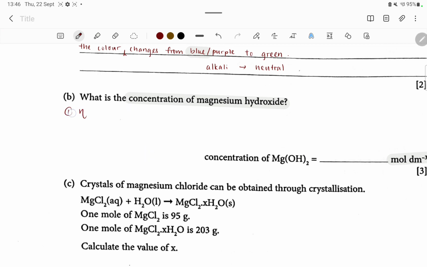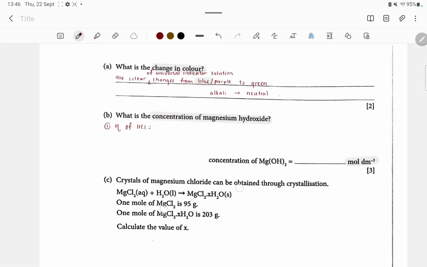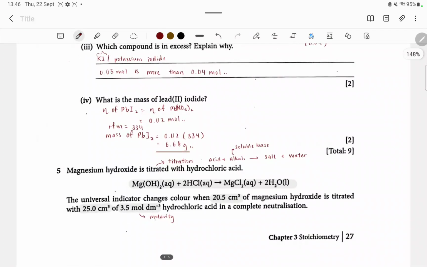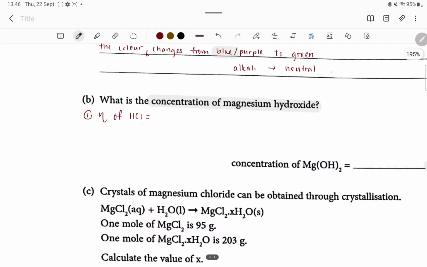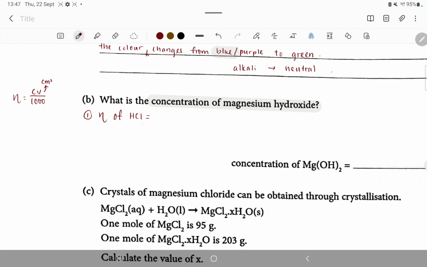number of moles, first step, of hydrochloric acid equals to, okay, this one they already give you volume is 25 and then this one 3.5. So number of moles equals to CV over 1000. This one is when the volume is cm cube, sorry.